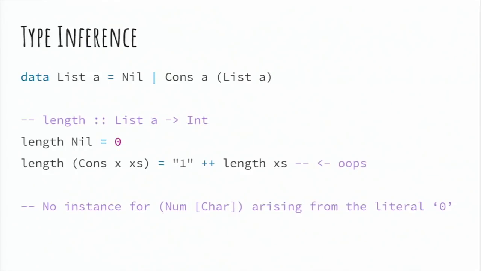If I do an oops in the code, then the compiler will complain and say there is no instance for Num [Char] arising from the literal. And I'm like, what is this? Well, apparently Num is a type class that says this type is something that you can add. And [Char] is actually just a list of char, so a string.